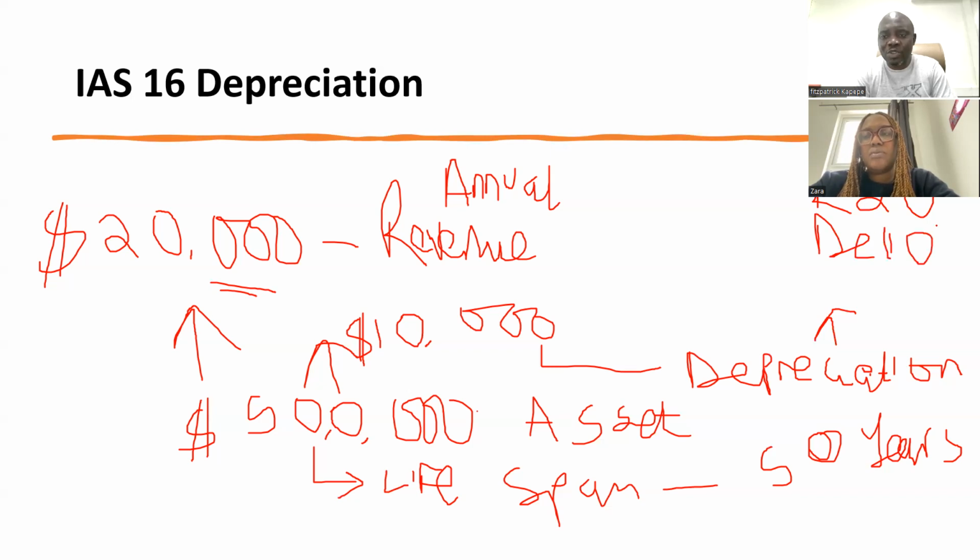This is the cost because this is a component of the cost of this asset that has helped you to generate this. If you have other costs, I'll put those costs and I'll be able to get my profit. In this case, it will be 10 if I didn't have any other costs other than depreciation.